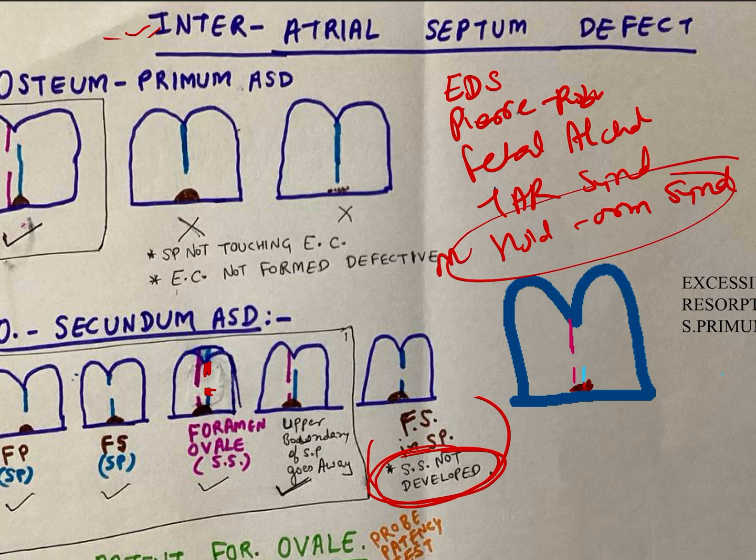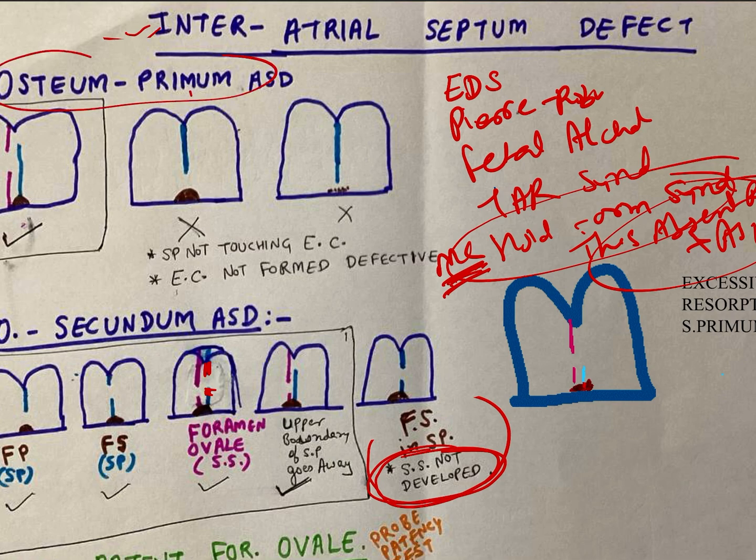The most common question is asked on Holt-Oram syndrome. This is absent radius plus ASD. Okay, and the syndrome which is associated with ostium primum is Down syndrome.